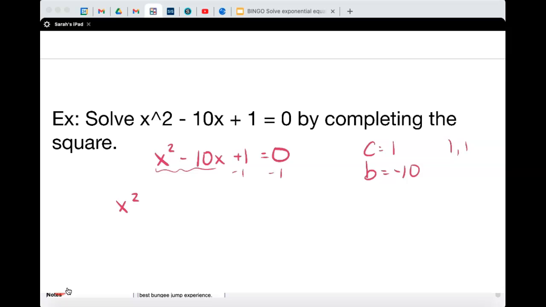I'm going to set this up in a specific way. I'm going to leave a gap on the left side, and a gap on the right side as well. I left this space so that I can find the C value that's going to create the perfect square trinomial on the left side.